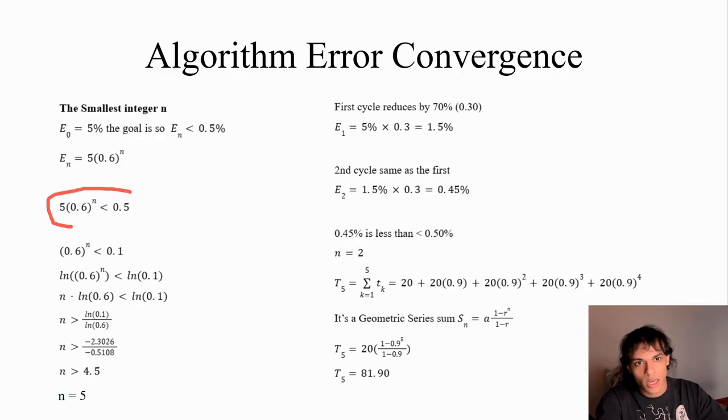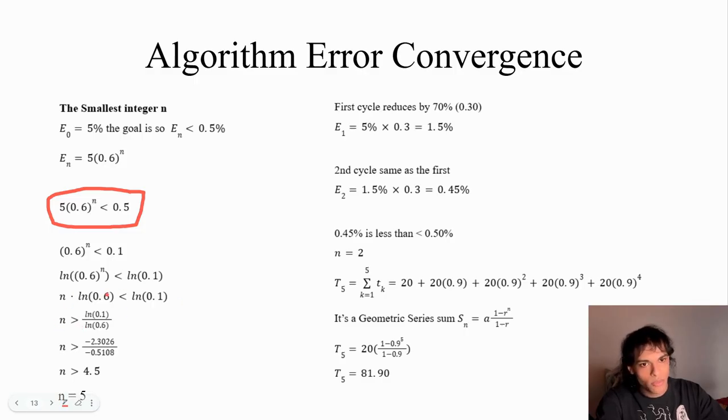So we got the inequality, and then we basically divided both sides by 5. So we got 0.1 here, and then we took the special logarithmic rule. We took the ln of both sides so that we can take the n outside. Using this specific feature of logarithms, we were able to separate the n on its own.